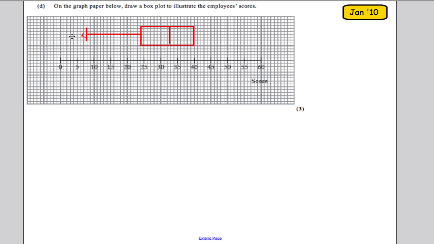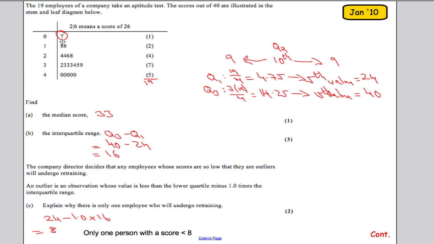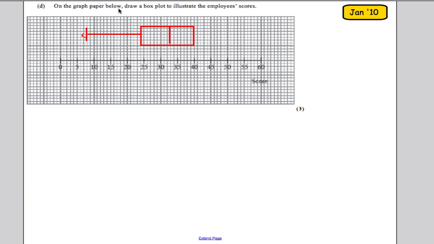So I'm going to put in another whisker going in that direction, which is going to be the lowest value here that's not an outlier, which is 18. So I'm going to put another whisker coming out in this direction, which is going to be 18. So just moving things so that they fit nicely.